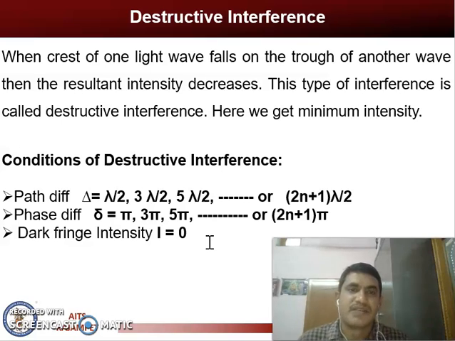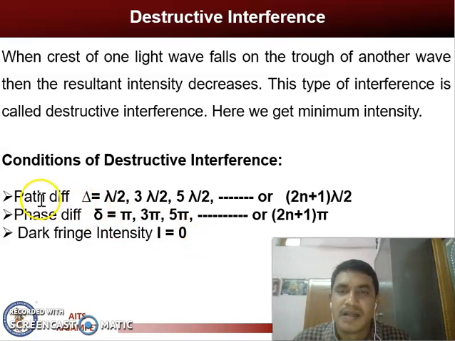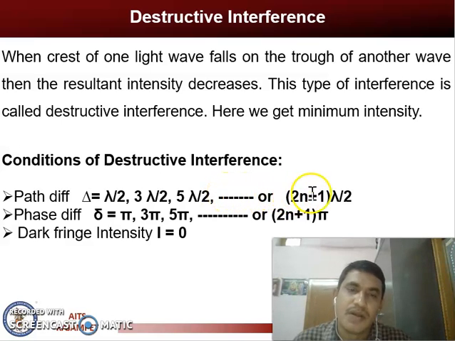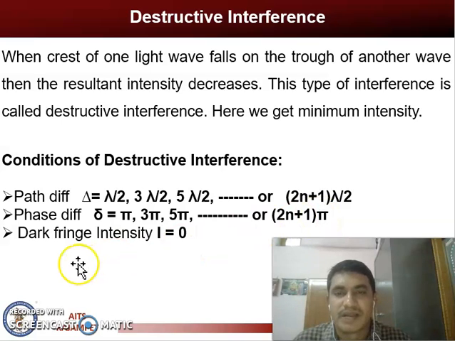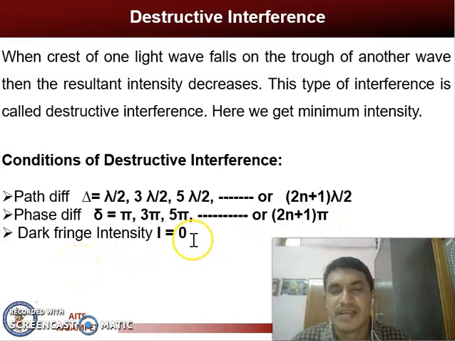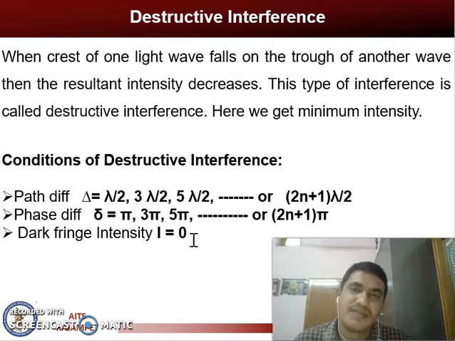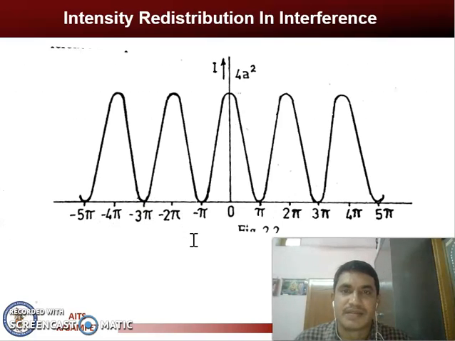Coming to the conditions for destructive interference, the path difference delta is lambda by 2, 3 lambda by 2, 5 lambda by 2, which means delta is equal to 2n plus 1 times lambda by 2, and the phase difference delta is equal to 2n plus 1 times pi. The dark fringe intensity I is equal to 0 in case of destructive interference.